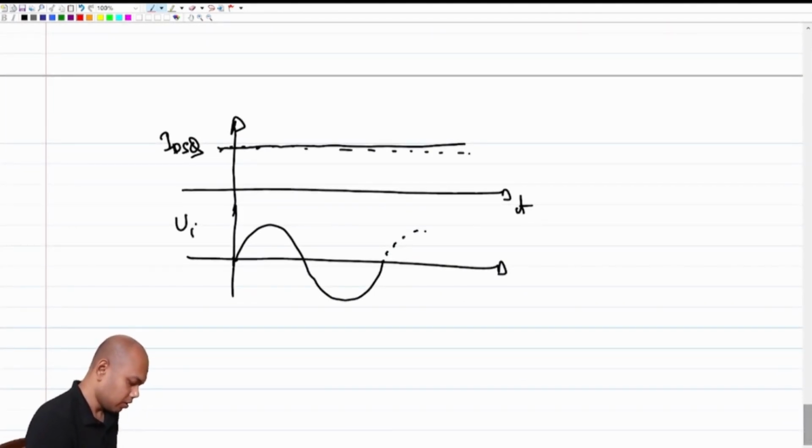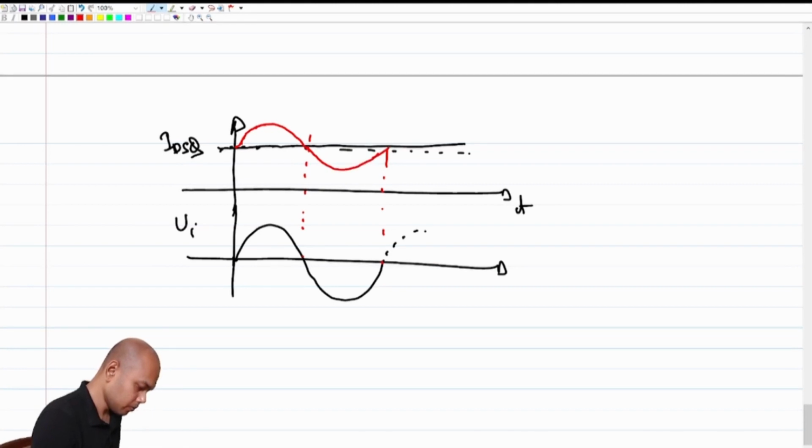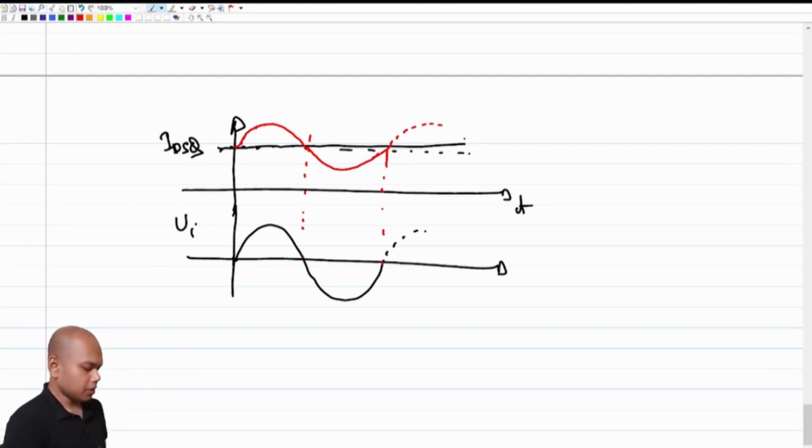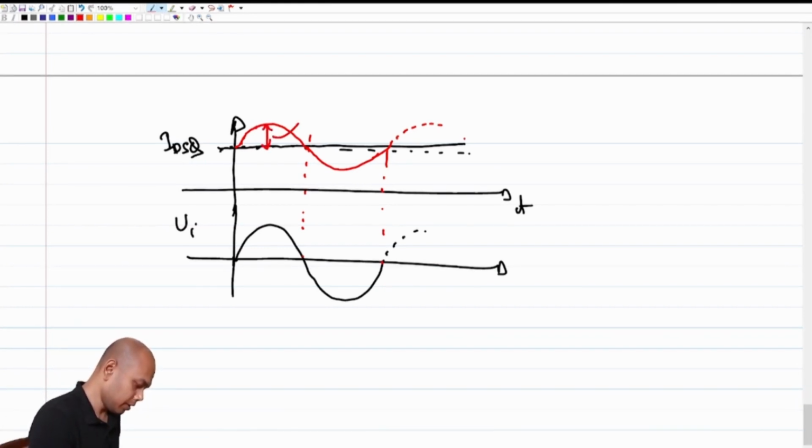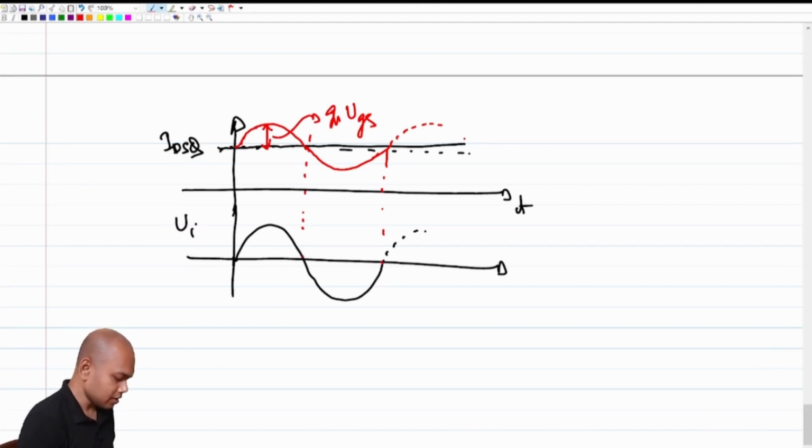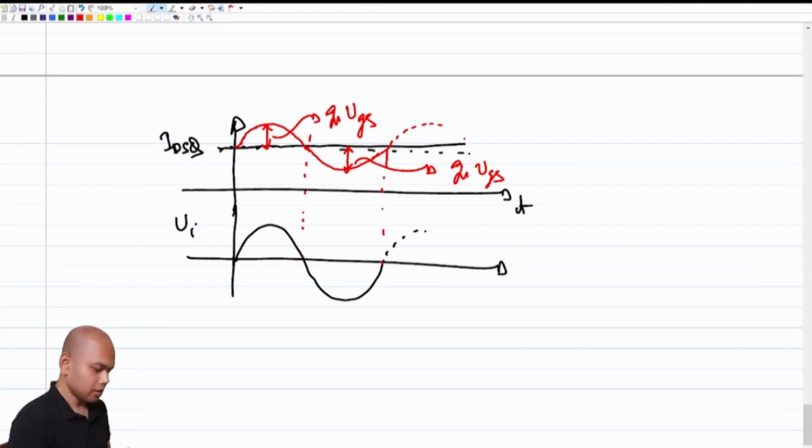You have to add those two up, and you will get a corresponding sinusoidal current on top of the quiescent. So this will be Gm times VGS, or Gm times Vi in this case. Similarly, the magnitude of that will be Gm times VGS or Gm times Vi.